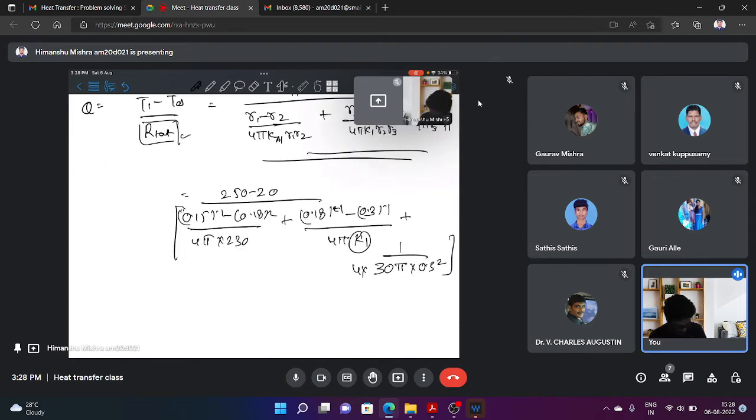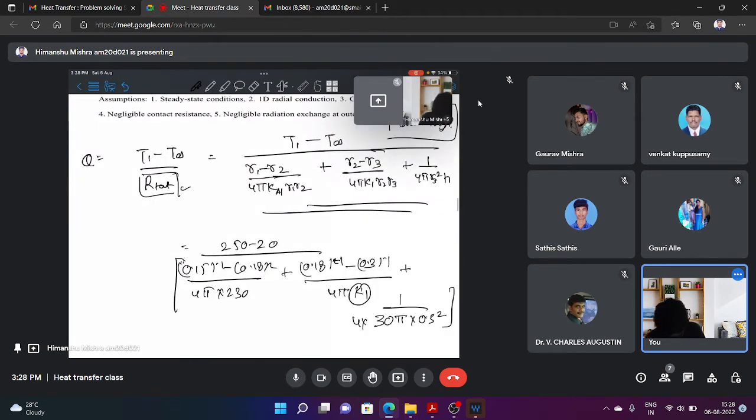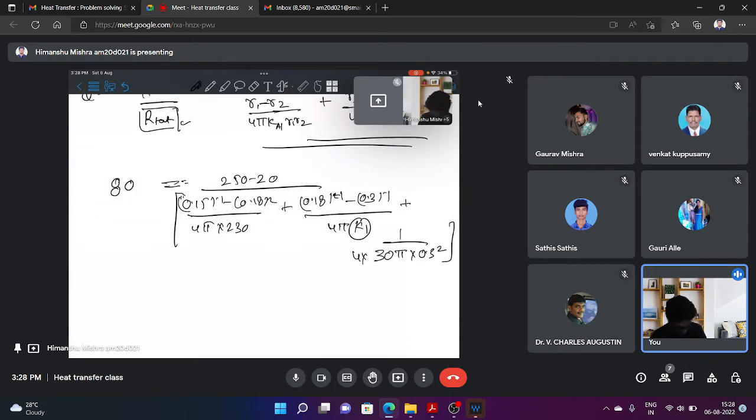We need to evaluate K1. Q is given as 80. On solving this, we can evaluate K1 as 0.062 watt per meter Kelvin.